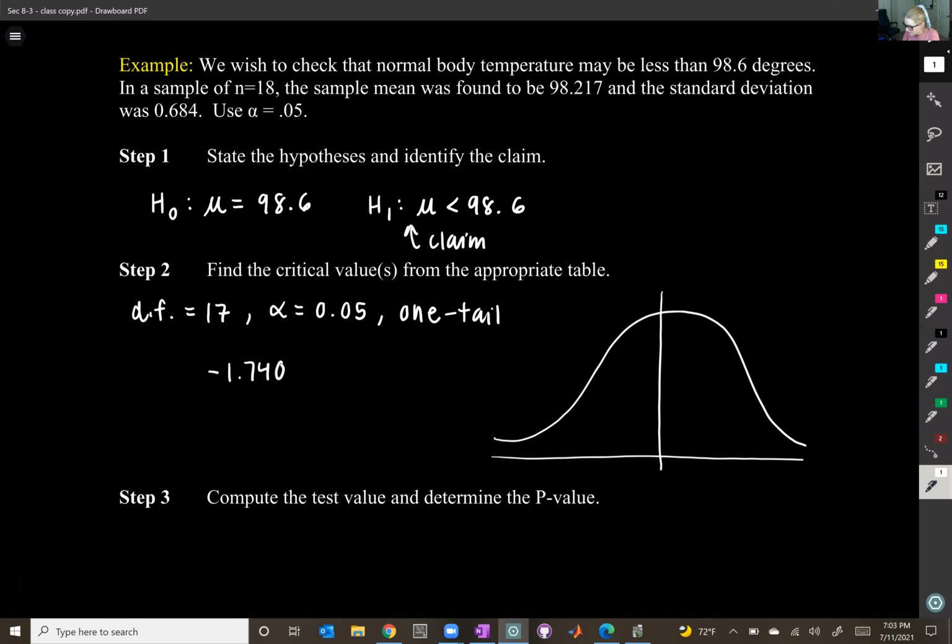So this is where my critical value is. And this is my critical region, if you remember talking about that.